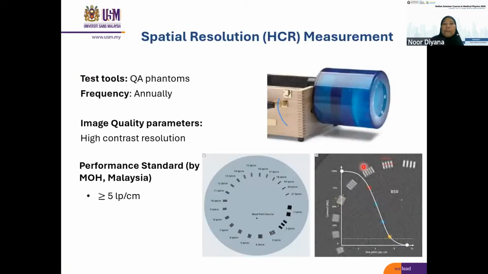All right, so in routine QA, usually you will use any commercial phantom that you have in your center, and then you will scan using the recommended protocol, and then you will visualize the phantoms. Usually it is known as a high contrast resolution test, HCR test.